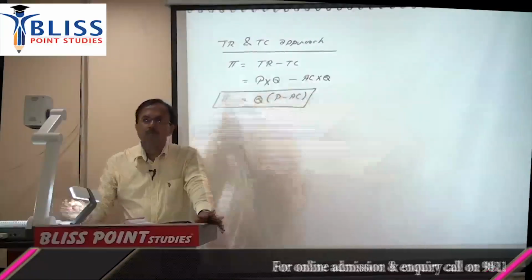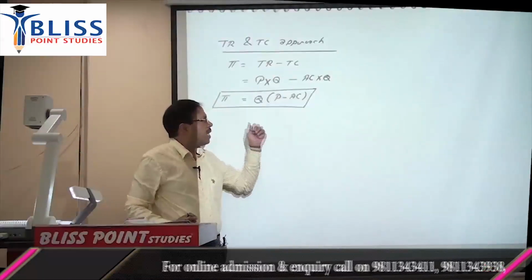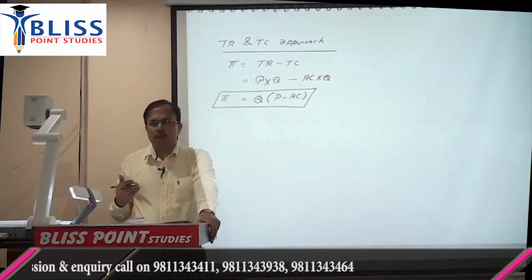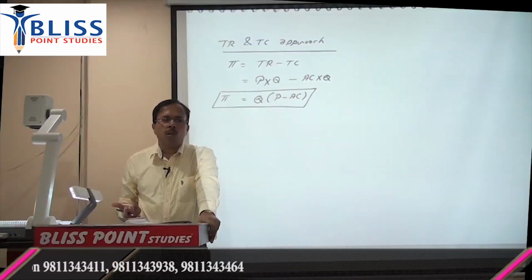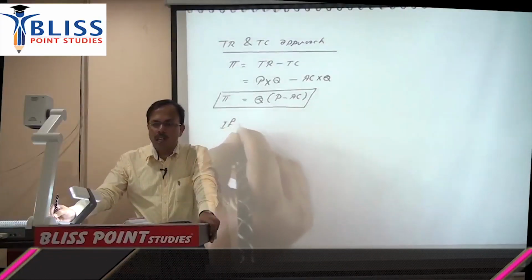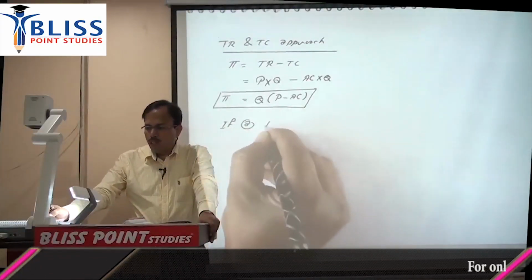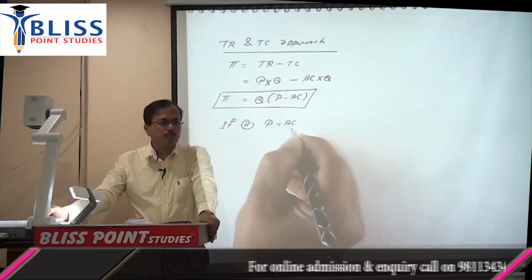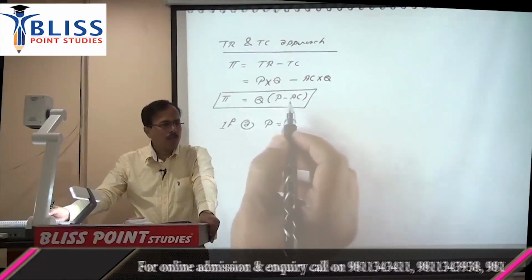That difference will be the amount of profit. Now question is whether it will be positive or negative, because in short run firm may be having profit, there could be loss as well. So there are different possibilities. If number one, price is exactly equal to average cost, then ये term zero हो जाएगा.